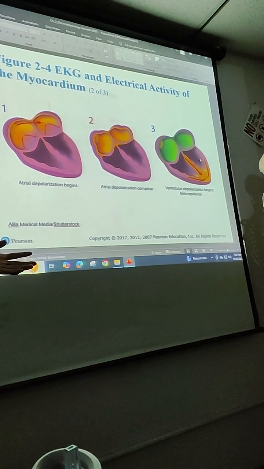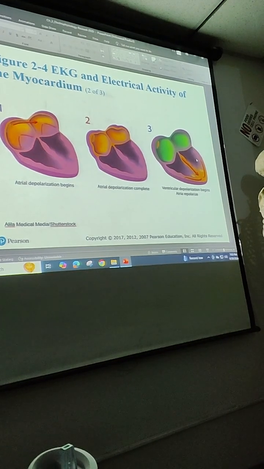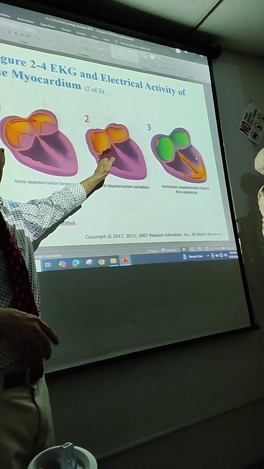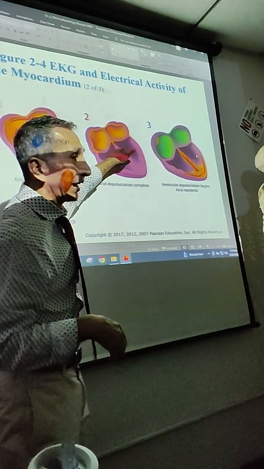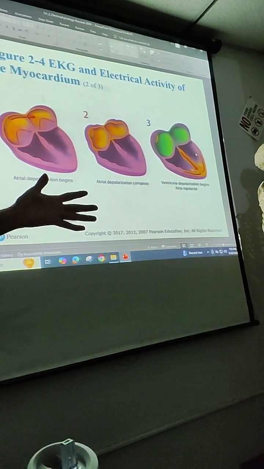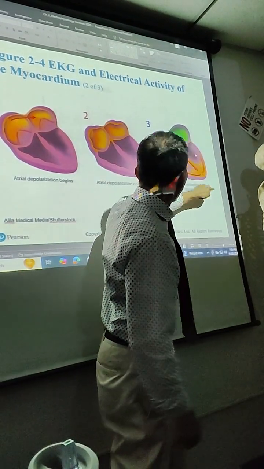It has no exits. So if it has no exit, it's just going to burst open, right? Here, it's not going to happen, because it has two doors right here. So immediately the pressure increases, that door forces open, and blood starts seeping right here.